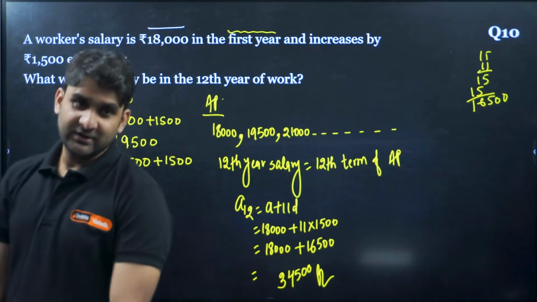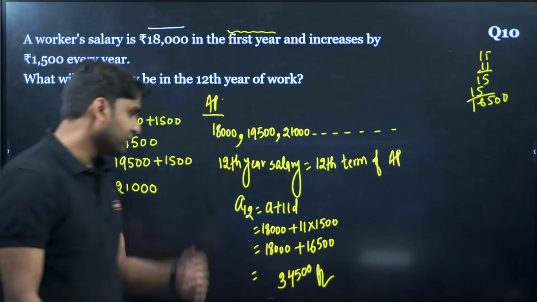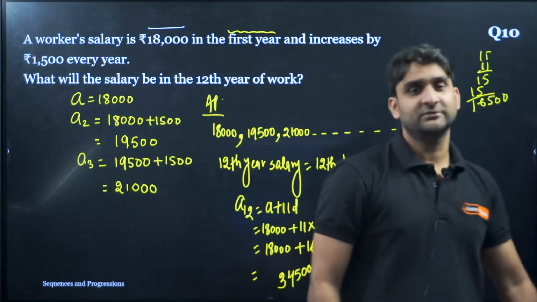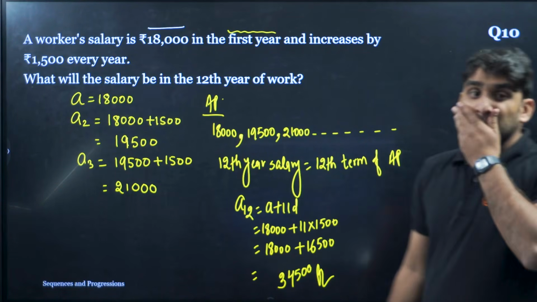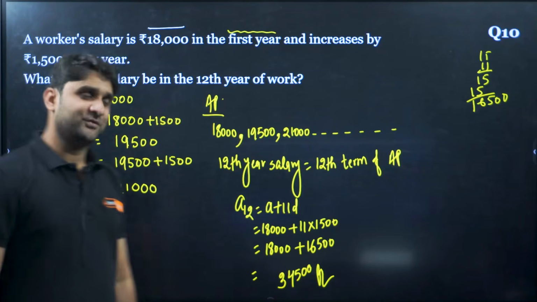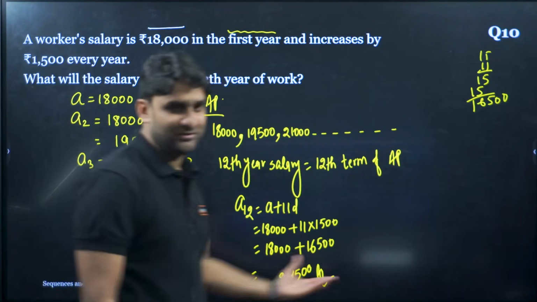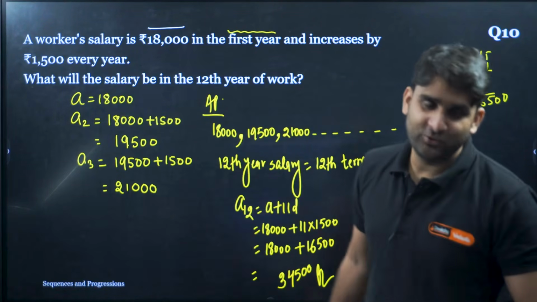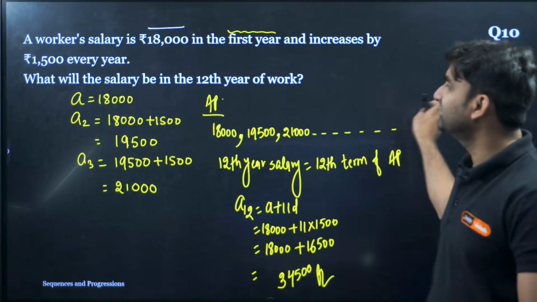In the 12th year, his salary will be 34,500, guys. Clear, everyone? Very good question. So look at the use of AP in your life, in a company, in an office.